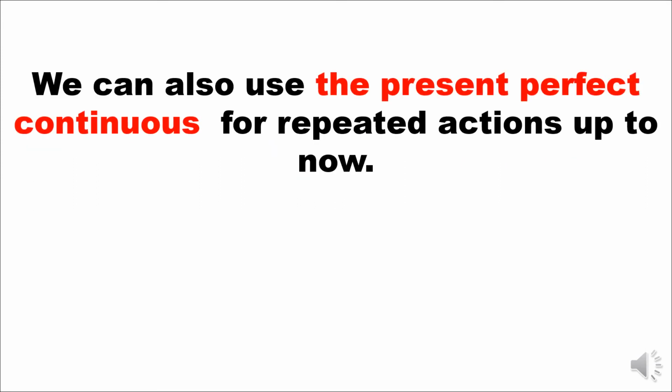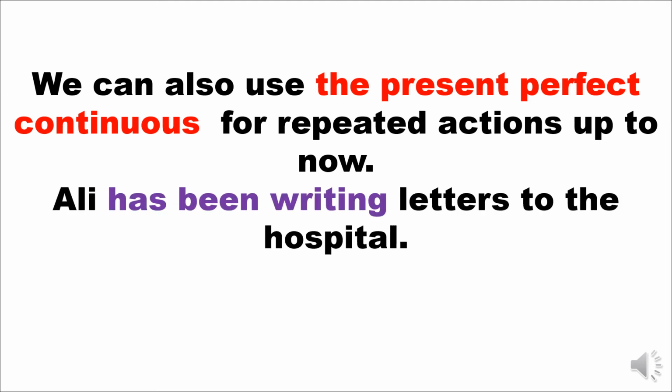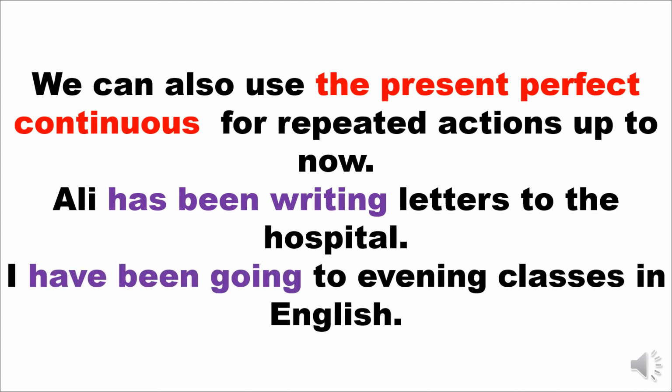We can also use the present perfect continuous tense for repeated actions up to now. Now look at this example. Ali has been writing letters to the hospital. I have been going to evening classes in English.